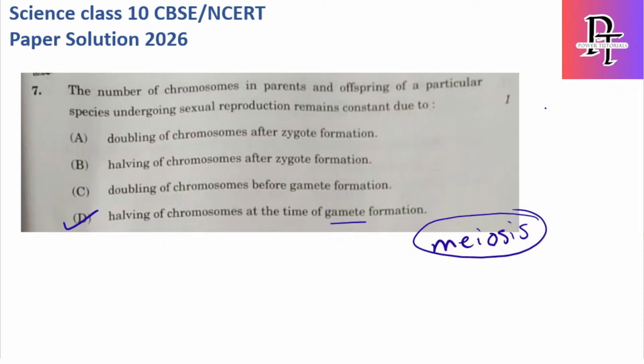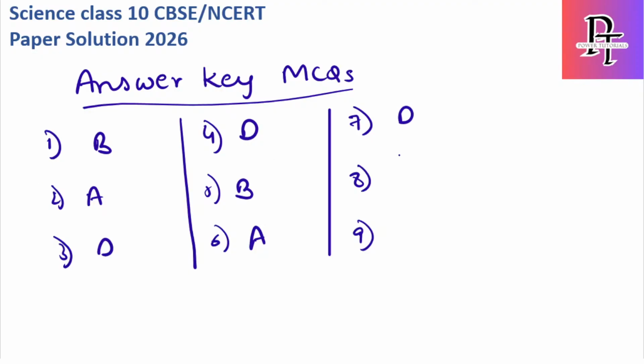Seventh is D, and the last two I already know, which are B and B. So the answers are D, B, and B.